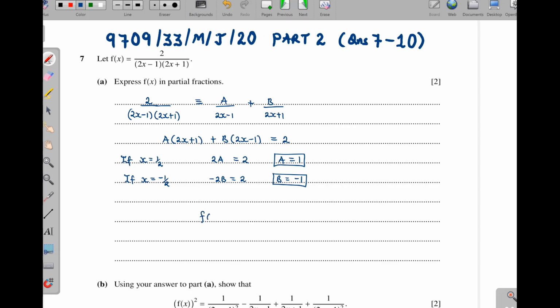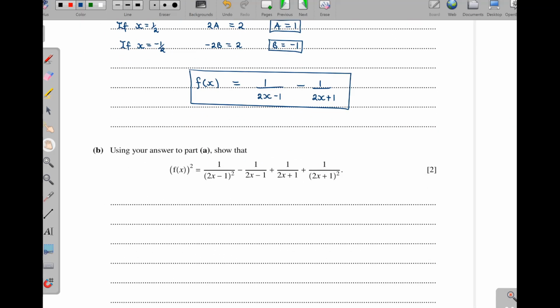So meaning that f of x here is therefore going to be 1 out of 2x minus 1 and then minus 1 out of the 2x plus 1, and that is that.